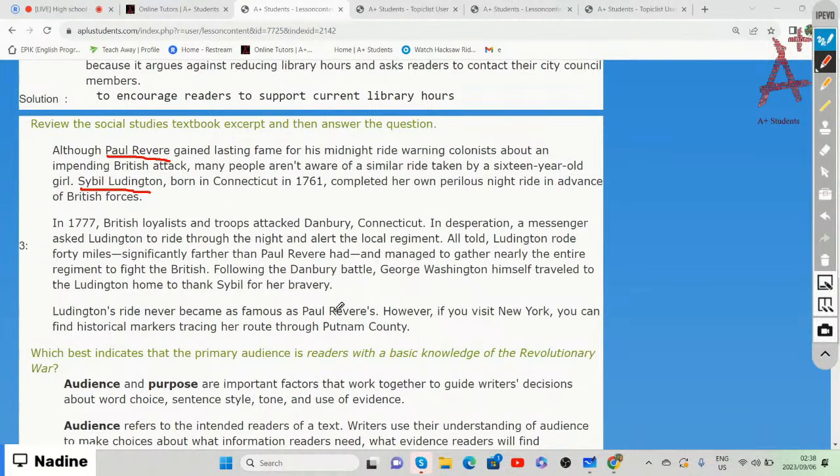Right? And that is why they are saying that Ludington's ride never became as famous as Paul Revere's. So it does show that both Paul Revere as well as Sybil did the midnight ride, warning colonists about an impending British attack, but they are not giving further details about Paul Revere compared to Sybil Ludington.